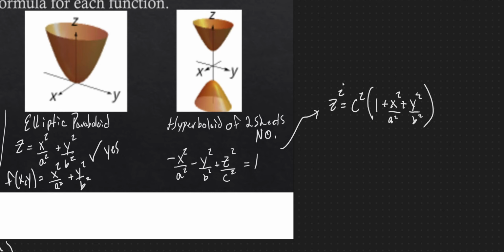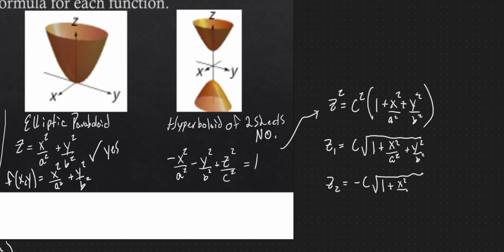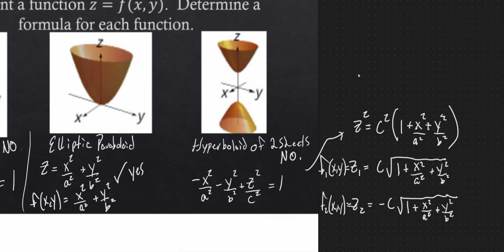And then I can take a square root, but remembering that when I take a square root, I get either positive or negative output, and so this gives me two functions again, the positive version and the negative version. And so again, I need two functions in order to generate the hyperboloid of two sheets.